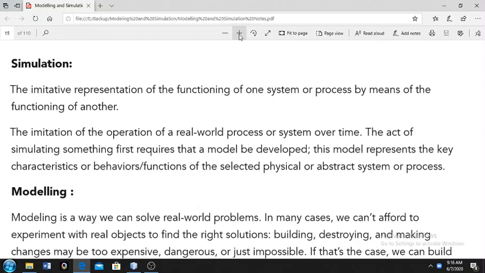The imitation of the operation of a real-world process or system over time. The act of simulating something first requires that a model be developed. These models represent the key characteristics or behavior of the selected physical or abstract system or process.